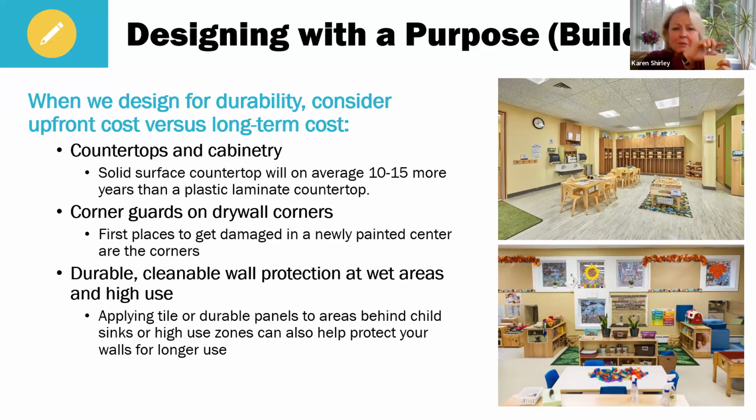So this is all around the area behind where the paper towels are and the soap dispenser and all of that at the sink locations, and it really helps protect your walls. You can use ceramic tile, but it comes in sheets of like 8 feet by 4 feet.